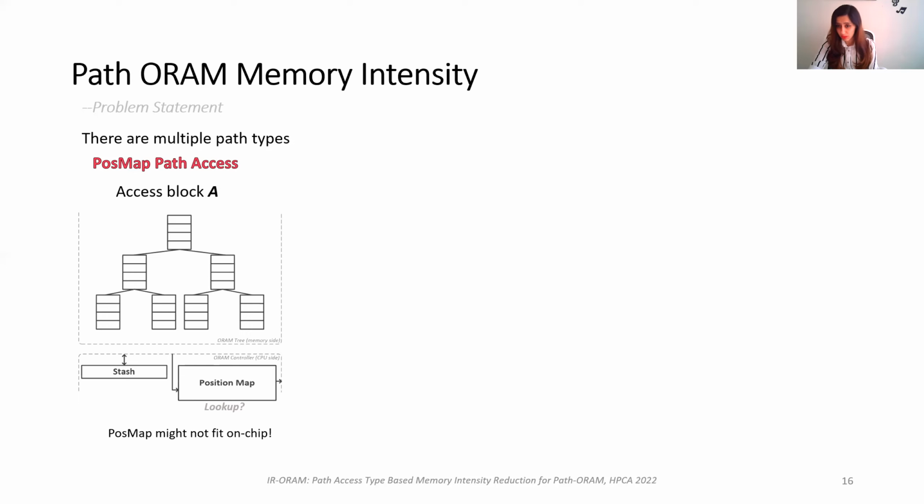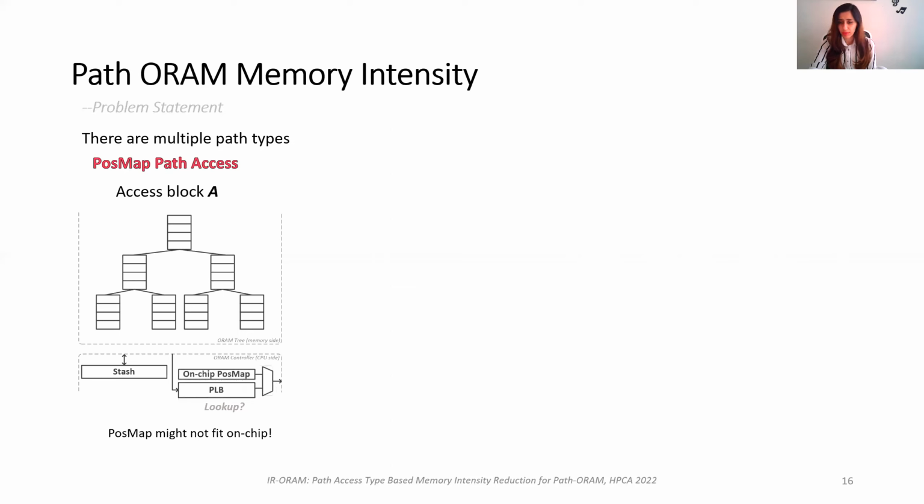So as prior work suggests, the position map is also stored in the ORAM tree, and then the position map of the position map is stored on chip. However, if it doesn't fit on chip, the recursive hierarchy goes on and on until it does.